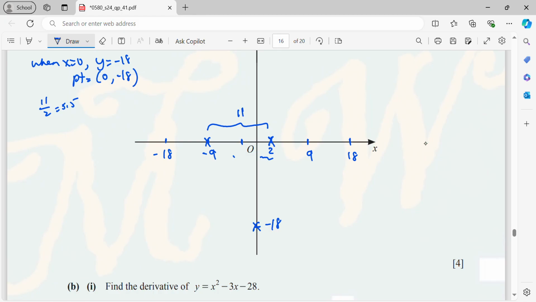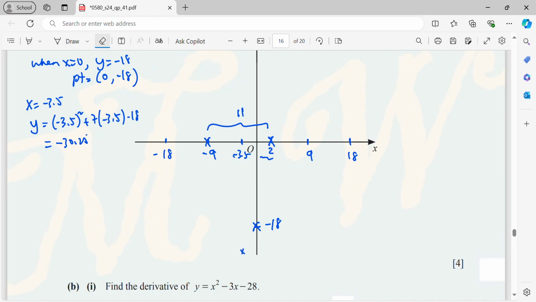So when x equals negative 3.5, this is 5.5 units. So then here I will just calculate. When x equals negative 3.5, your y is x squared plus 7x minus 18. Then this is going to be negative 30.25. So I know that it will be somewhere here. Right, we just simply sketch. That means now your graph will be U-shaped.